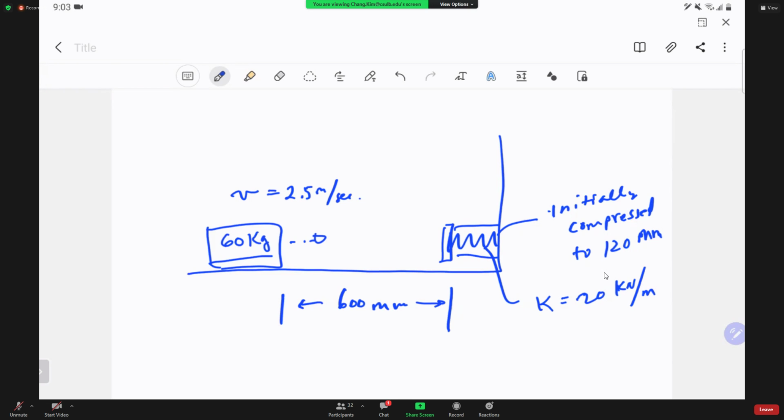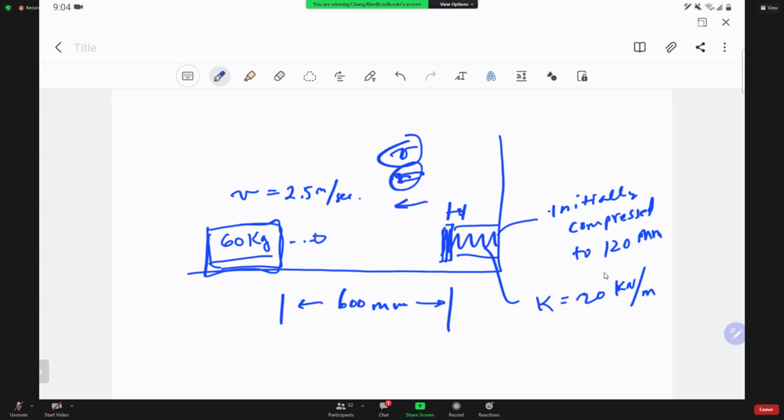What's happening is that this block will hit the spring plate, the spring will be deformed, and then this 60 kilogram block will move to the left. It bounces off, and we want to know the velocity of that.